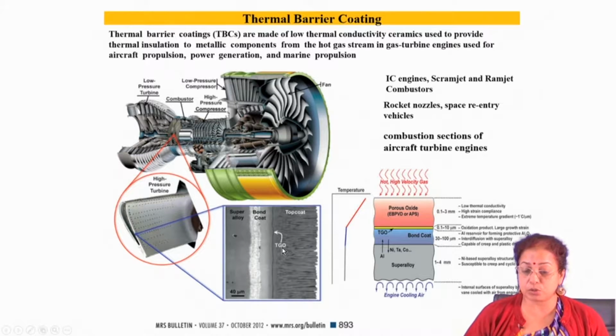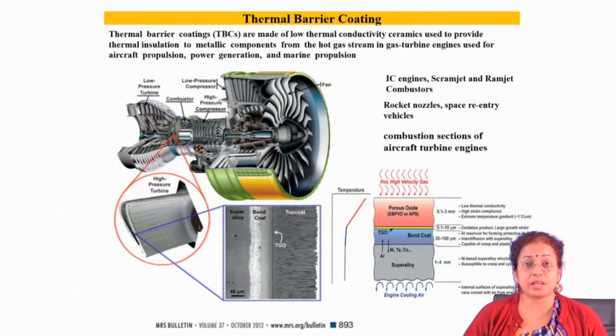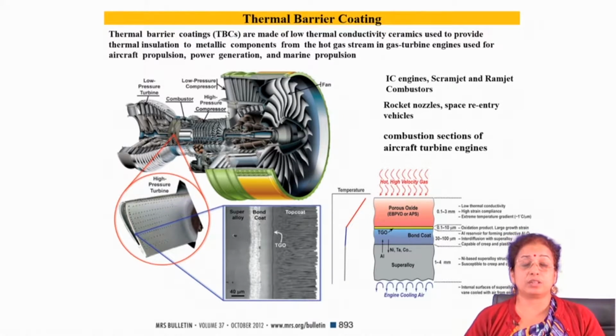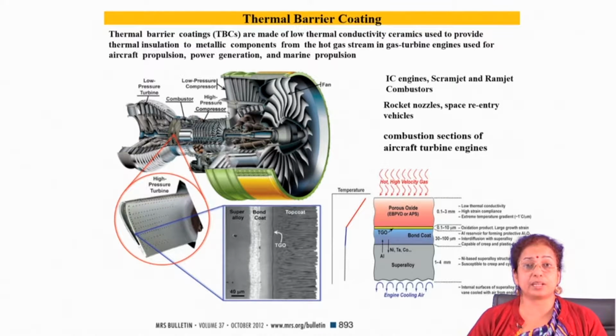Now, if you are interested in developing newer kinds of materials for these thermal barrier applications, or newer varieties of coatings having tailored properties, then you have to think of choosing superior materials. Superior materials in this regard include lanthanum zirconate, or composites of YSZ, that is yttria stabilized zirconia, and lanthanum zirconate.